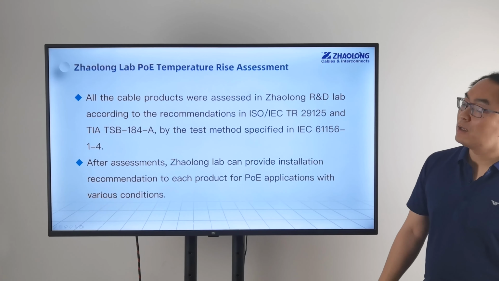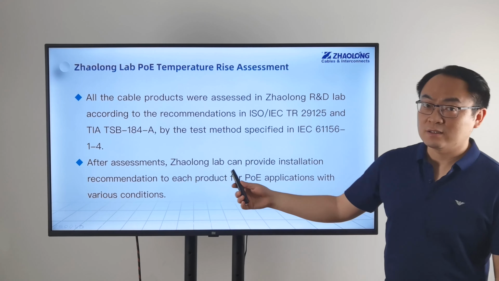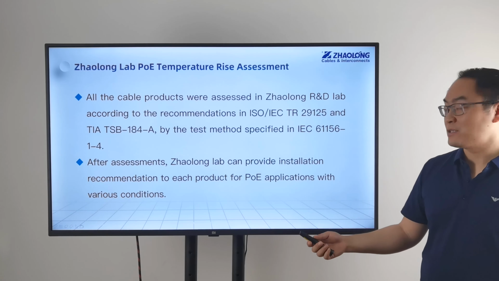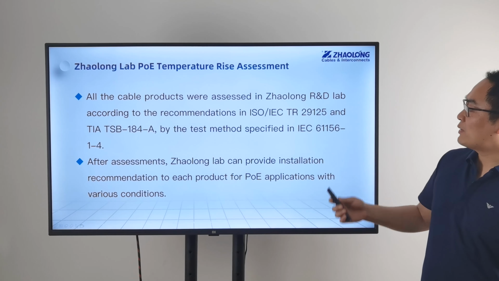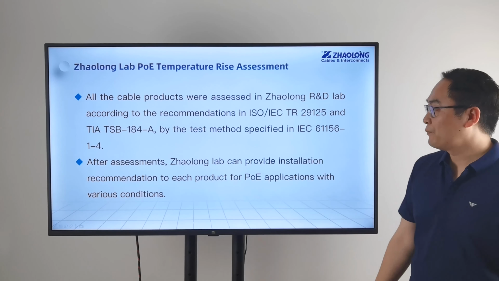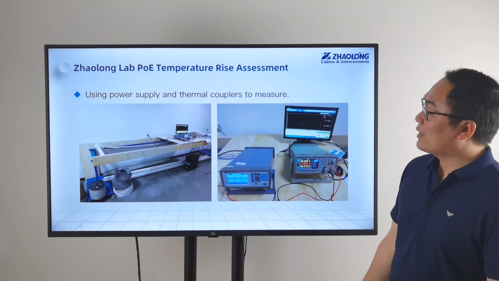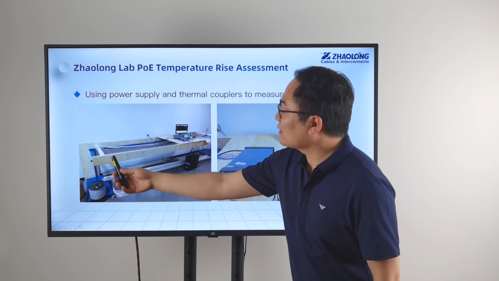So in our German lab, we apply those international standards to assess our product's temperature rise when the POE is on. The test method is defined in IEC 60512-99-001 and IEC 61156-1-4. We can have a look at how we actually test it in the lab. So we have a stand and we wrap the cables here.